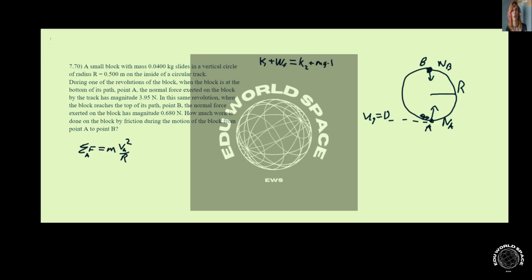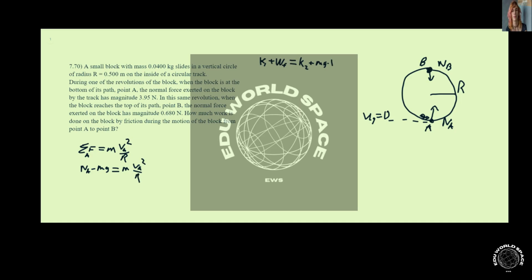Since we defined the positive direction to be upward, in the same direction as the centripetal acceleration, the sum of forces is the normal force at point A, and gravity is directed downward, so minus mg, and that's all equal to mass times VA squared over r.